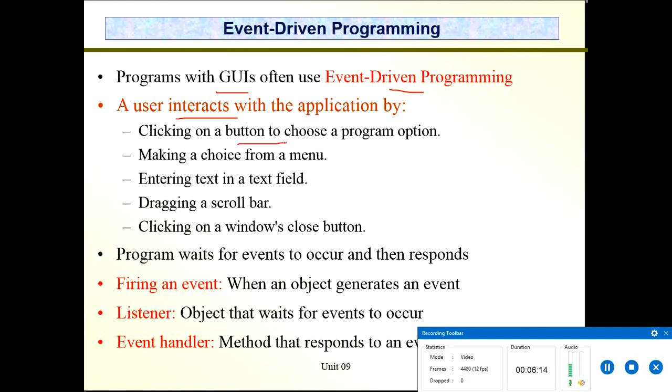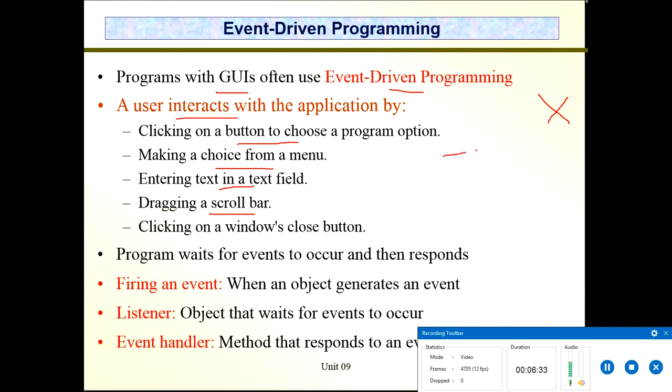Clicking on a button to choose a program option, making a choice from the menu, entering text in the text field, dragging a scroll bar, clicking on a window's close button, the cross button on the top right hand side. The program waits for the events to occur and then responds.